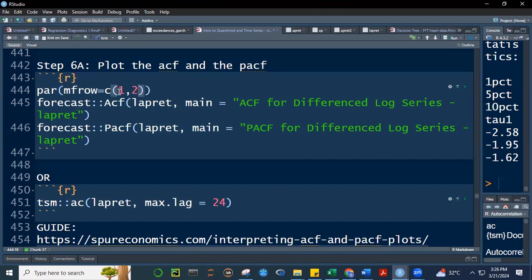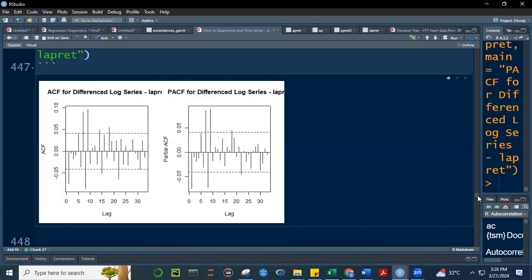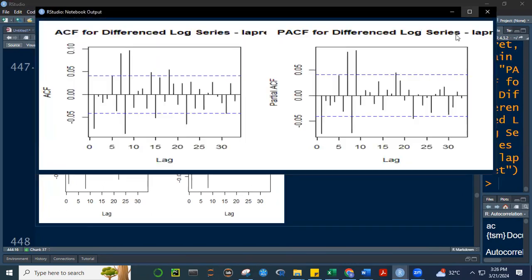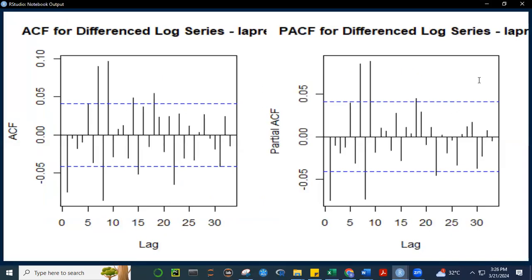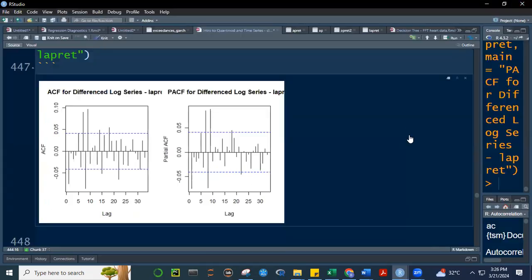Let me go back: one row, two columns, and then run this. Earlier it was 2, 1, two rows, one column. Take a look at this, class. This is our autocorrelation function and partial autocorrelation function. It's cut off, I can't fit the plot.